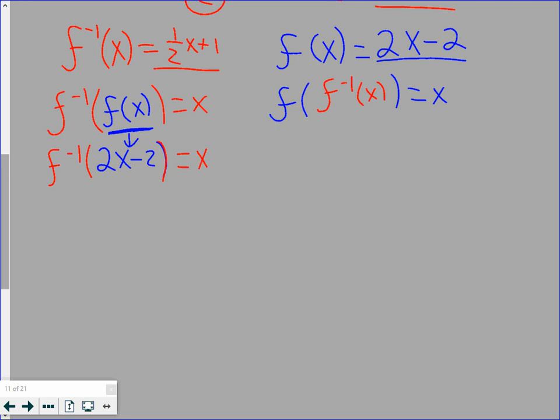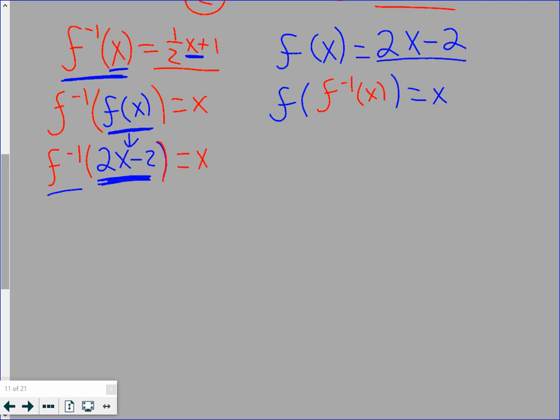So what this is saying is that I have this inverse function in terms of 2x minus 2. I have this inverse function right here of 1/2 x plus 1, but I want this in terms of 2x minus 2. In other words, I'm going to take the x that's inside the parentheses in the formula and replace it with 2x minus 2.